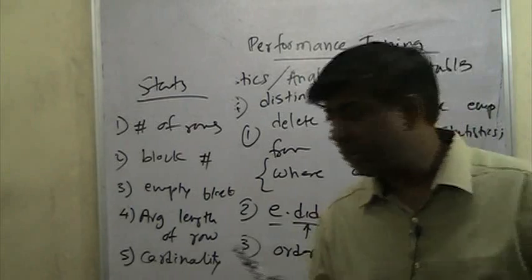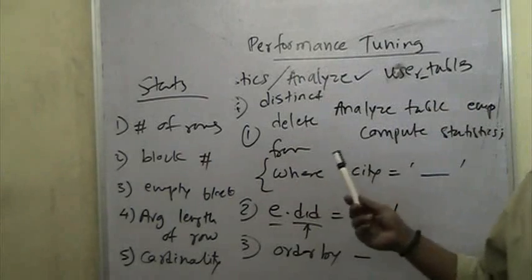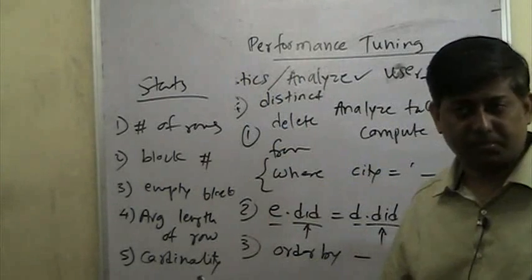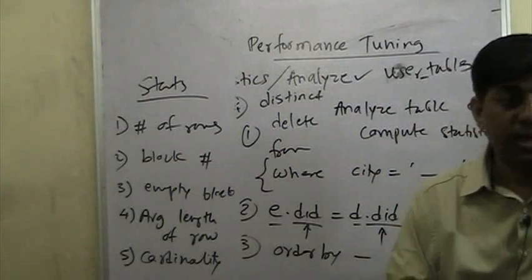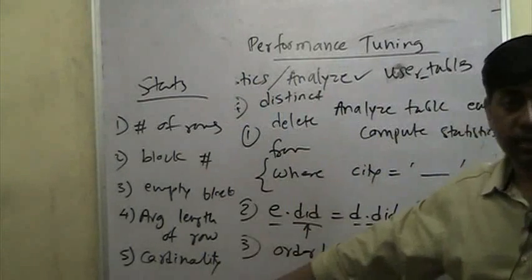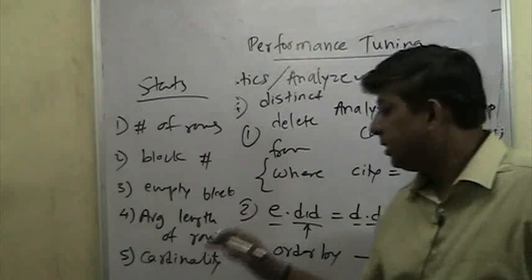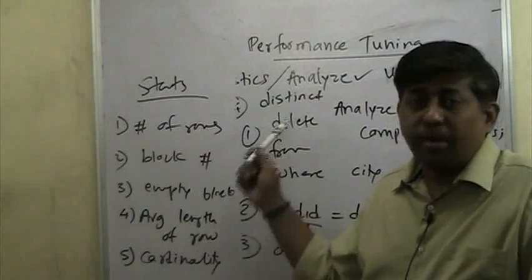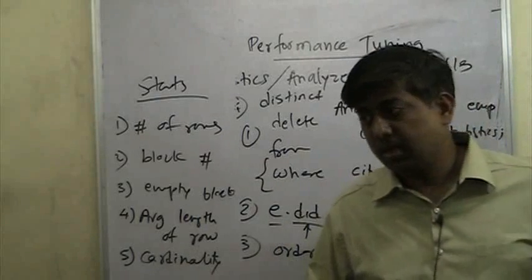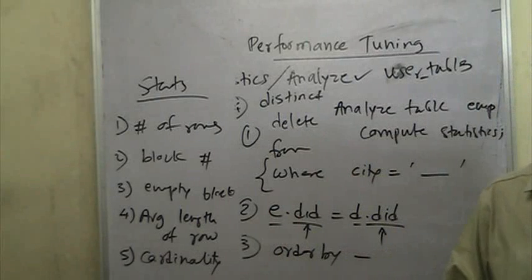So the information about the data is very helpful to the optimizer. If this information is not collected, then the optimizer will make a wrong decision and your performance may be very slow.